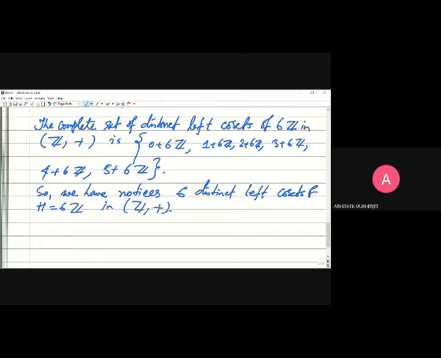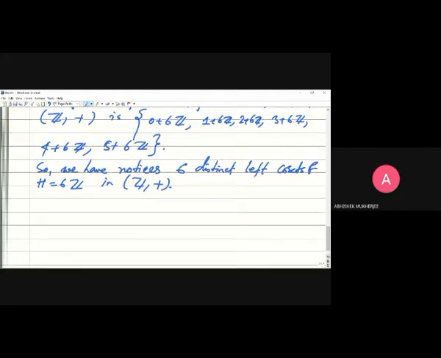So in spite of the fact that the group is infinite and the subgroup is infinite, you are getting a finite number of distinct left cosets, right? So that means for infinite groups also you may have a finite number of left cosets of an infinite subgroup of an infinite group. Right? So these are very familiar examples you have on your hand, right?